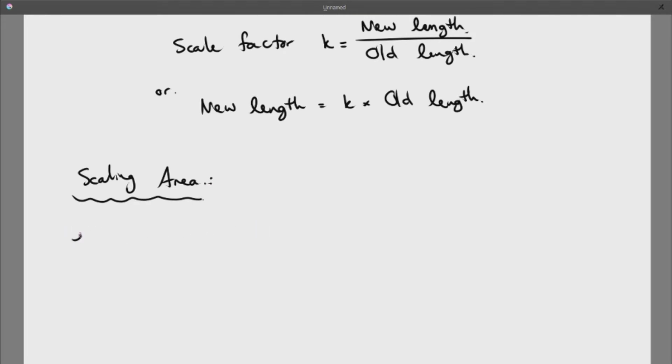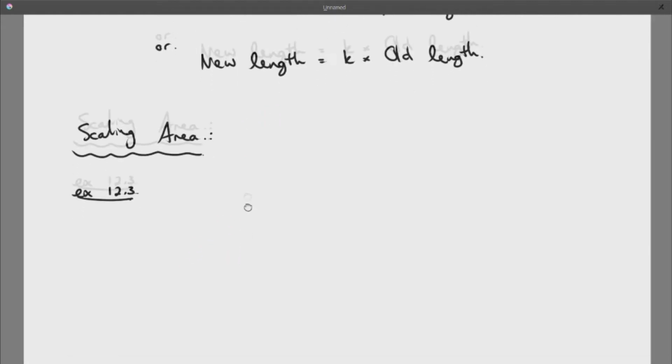I'll just do it by way of exercise 12.3. This exercise isn't what a quiz question is going to look like, but it leads me to how I should view length scaling and area scaling, what's similar, what's not, and so on.